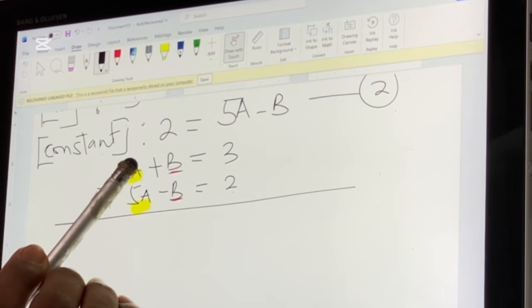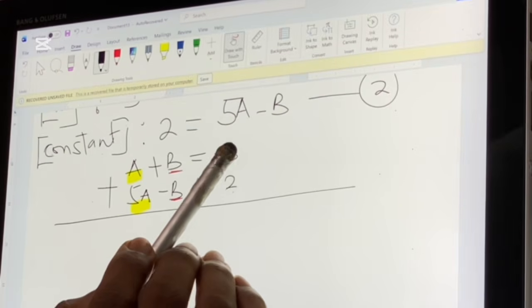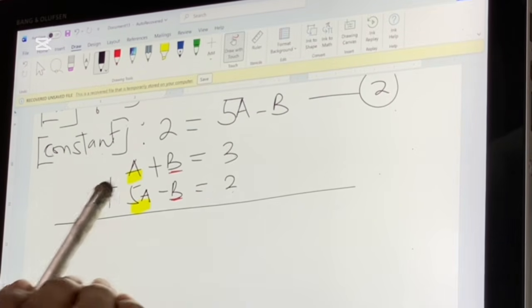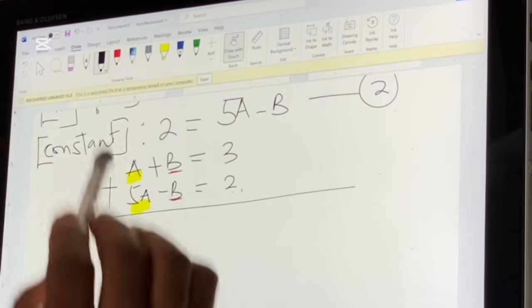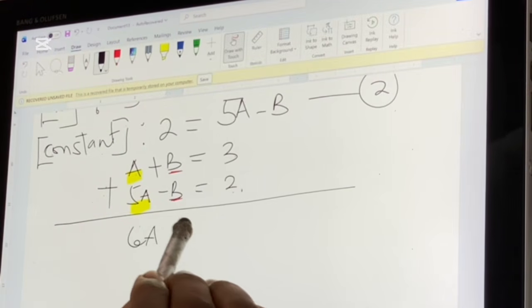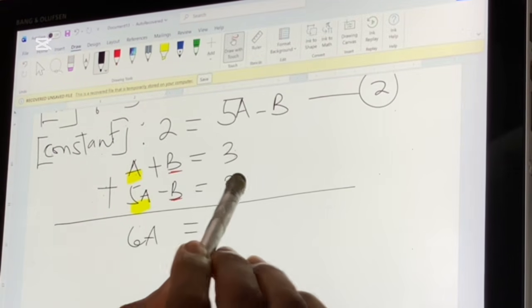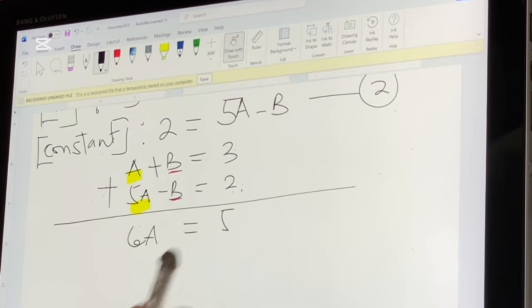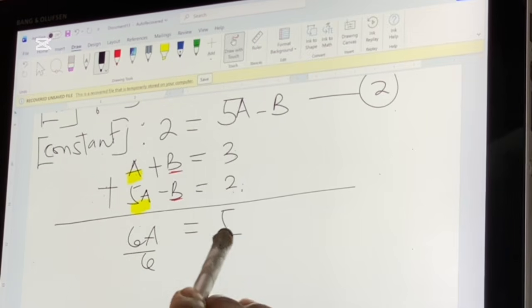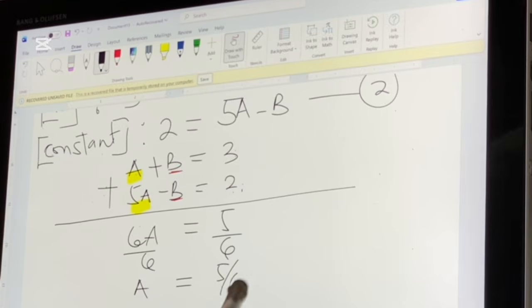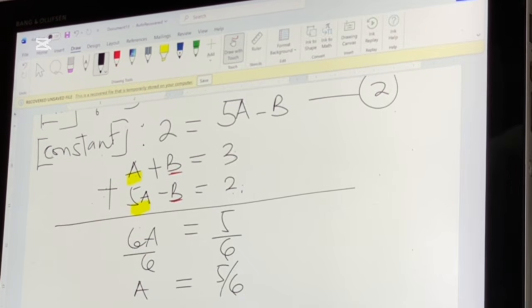So a plus 5a will give us 6a is equal to 3 plus 2, which gives us 5. Let's make a the subject. I will divide both sides by 6. That means a is equal to 5 over 6. So how do we get the next letter?